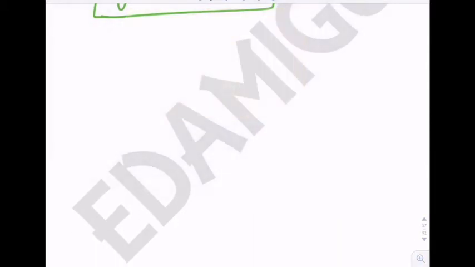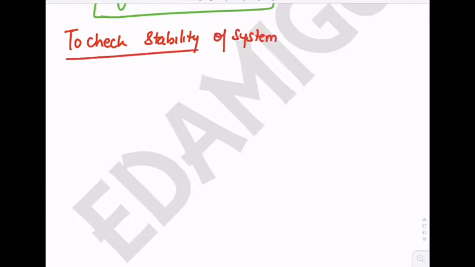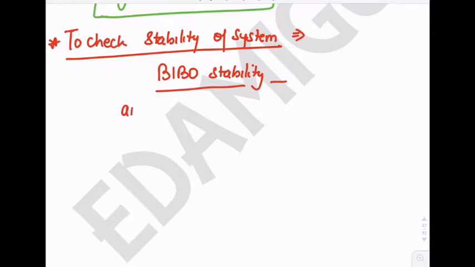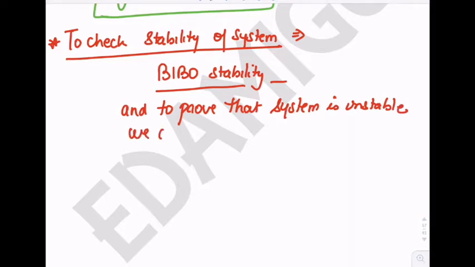Now to check the stability of the system, we know that we check BIBO stability, okay? And to prove that the system is unstable, we only need one bounded input.